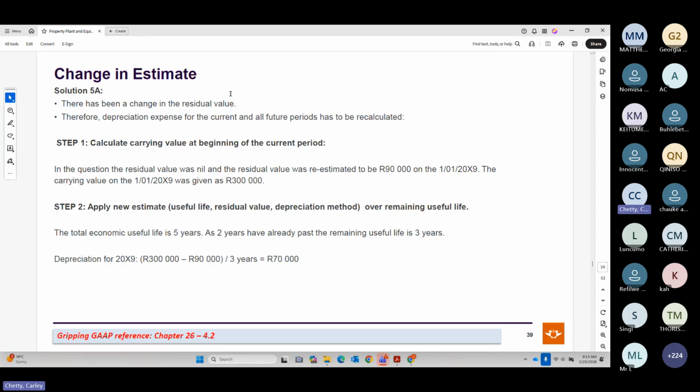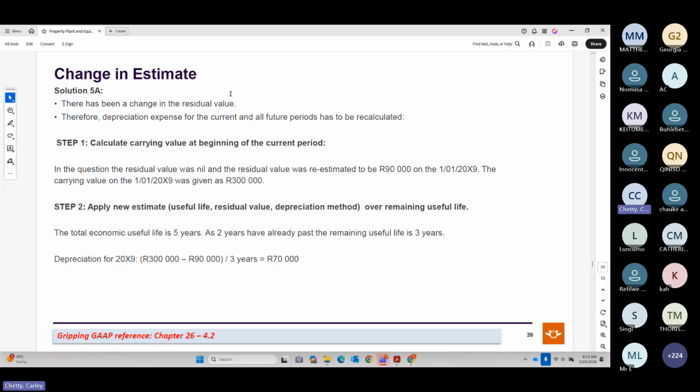So the first step is to calculate the carrying value at the beginning of the current year. So in the question, the residual value was nil, and the residual value is now re-estimated to be 90,000 Rand on the 1st of January 20x9.